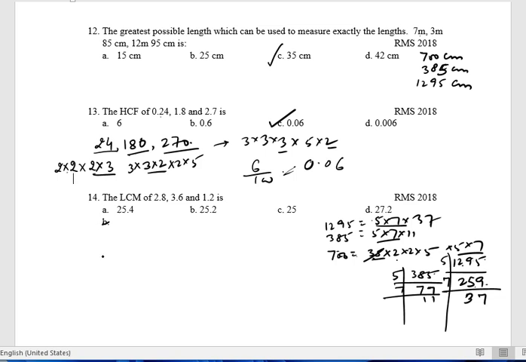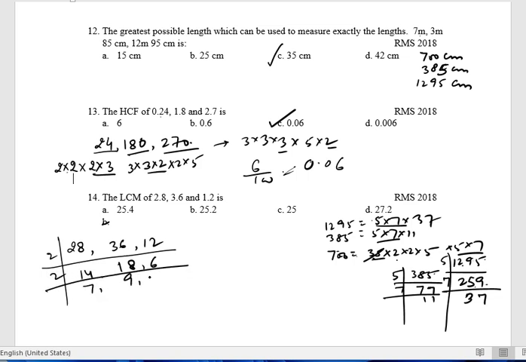Now the last question: HCF of 2.8, 3.6 and 1.2. The same way again we will convert into integers. When we convert into integers, we have to multiply by 10. So 28, 36 and 12. And then find out the LCM of these numbers. We will divide by 2: 14, 18, 6, again by 2: 7, 9, 3, by 3.